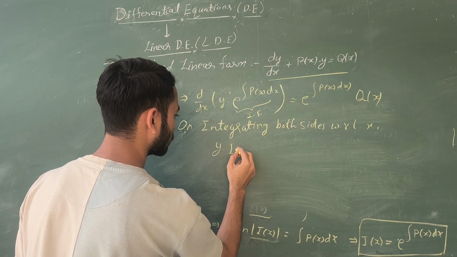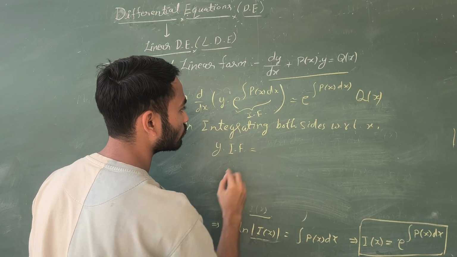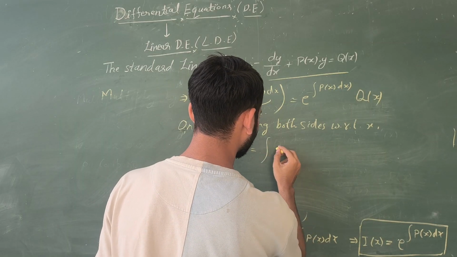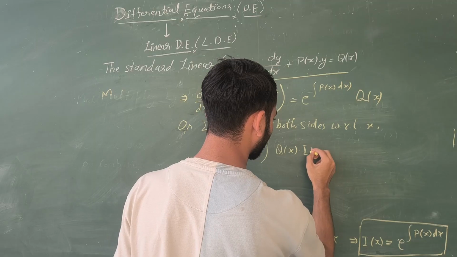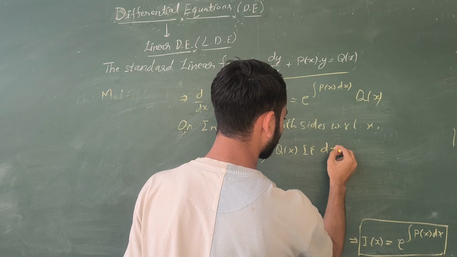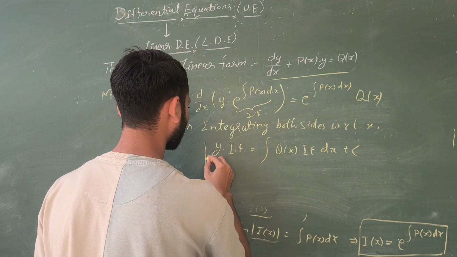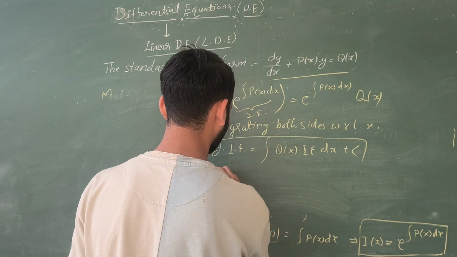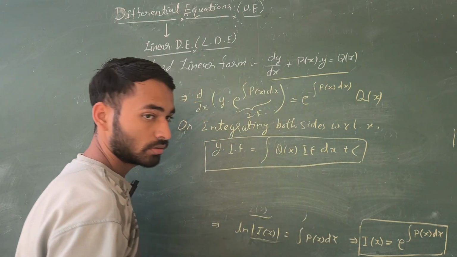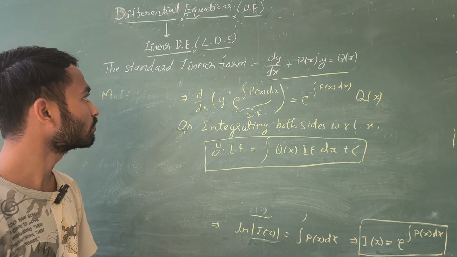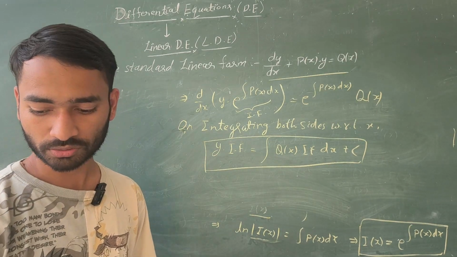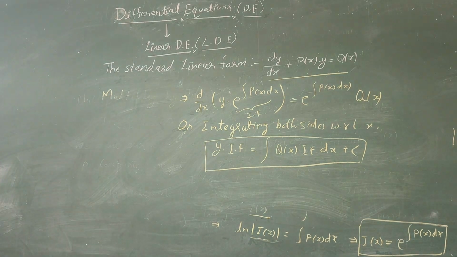This will be y times the integrating factor is equal to the integration of Q(x) times the integrating factor dx plus c. This will be our final answer. This is how we solve a simple standard linear form of a linear differential equation.